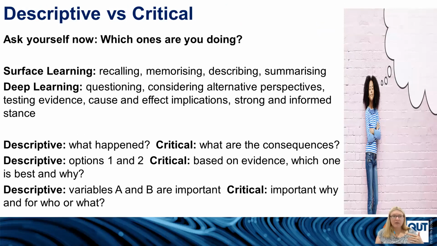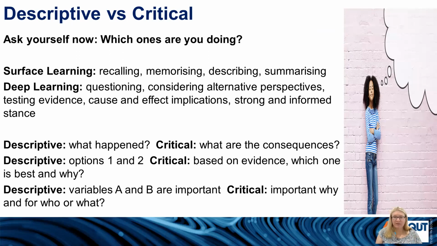So ask yourself when you're reading, writing and proofreading your writing, am I being descriptive or critical? Surface learning is when you're just describing and summarizing, okay? Deep learning is when you're questioning and stating implications and making an informed stance.